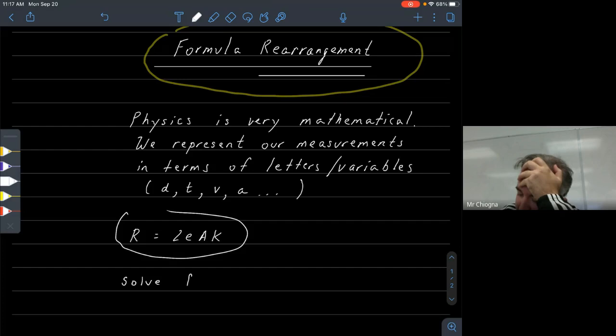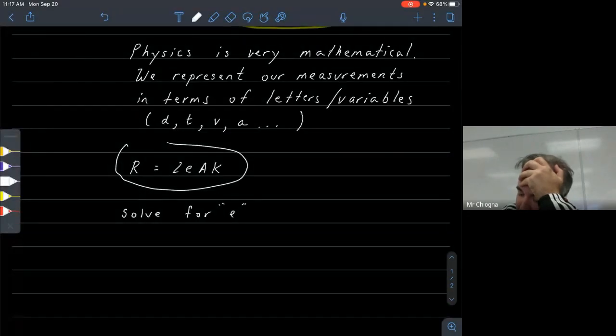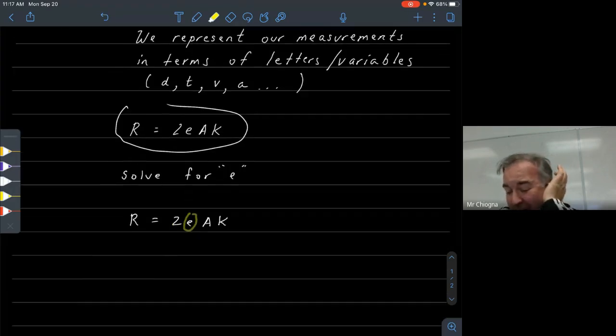Solve for E. So I'll go through it with you. It'll get a little more complicated, but this is just the basics. I'll rewrite it. I'll solve for the E.